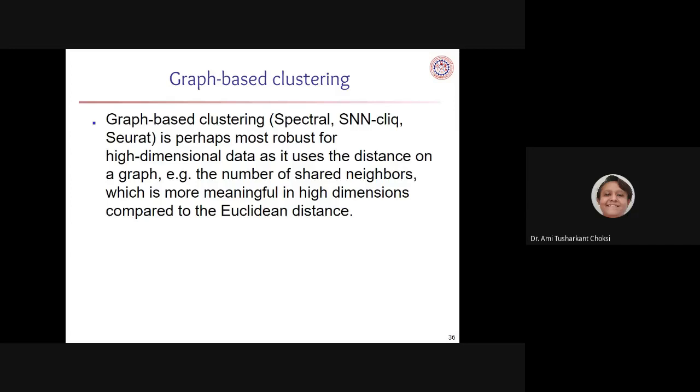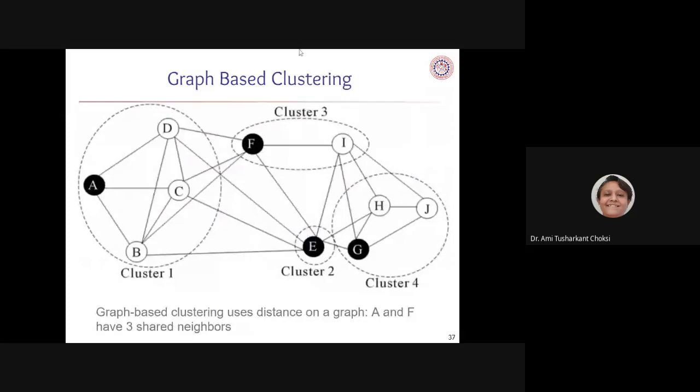Fine. So this is graph-based clustering. This is cluster 1, this is cluster 2, this is cluster 4, this is cluster 3, right?